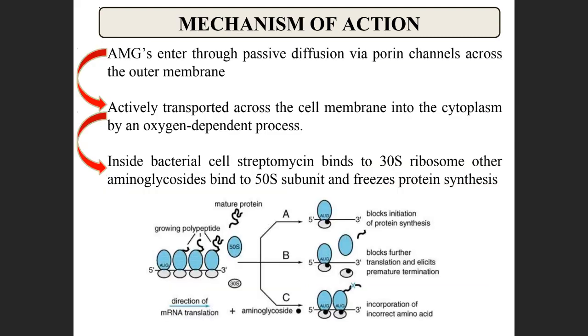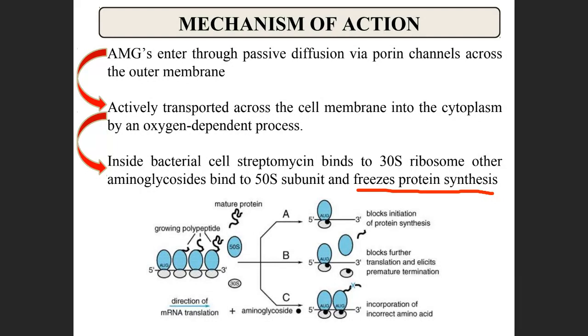Next, coming to the mechanism of action. The mechanism of action of aminoglycoside is it inhibits the protein synthesis, or it freezes the protein synthesis. So our earlier two categories of antibiotics which we had studied in the last class also had the mechanism of inhibiting the protein synthesis.